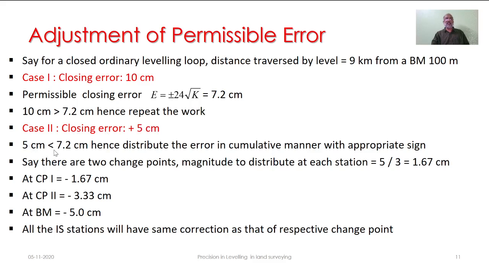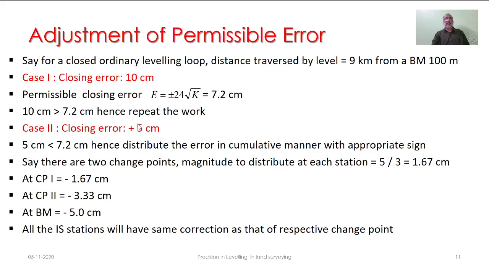This value being smaller than the permissible error, the error can be distributed in a cumulative manner with appropriate sign. Say, this particular run involves two change points. Hence, we wish to apply that correction at three places: one at the first change point, second at the second change point, third at the benchmark. At each of such stations, the magnitude would be 5 by 3, which comes to be 1.67 centimeter.